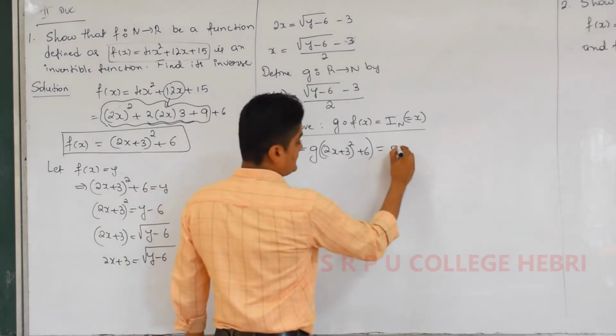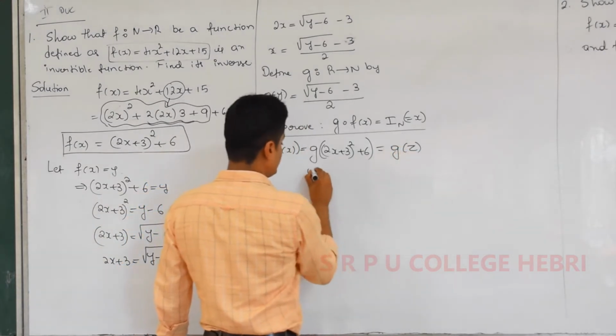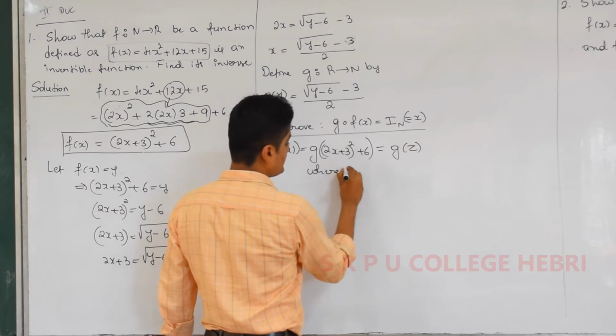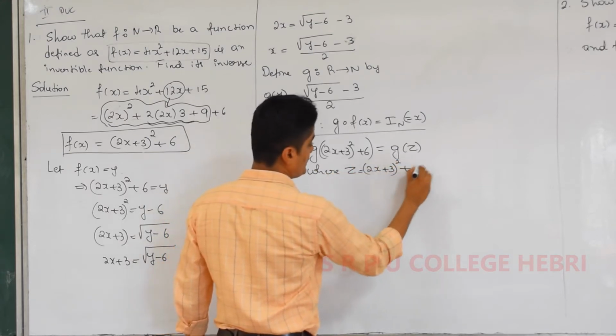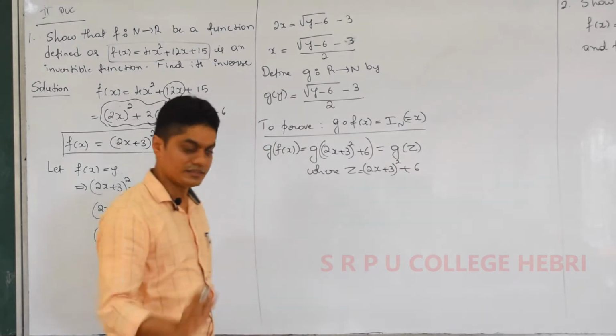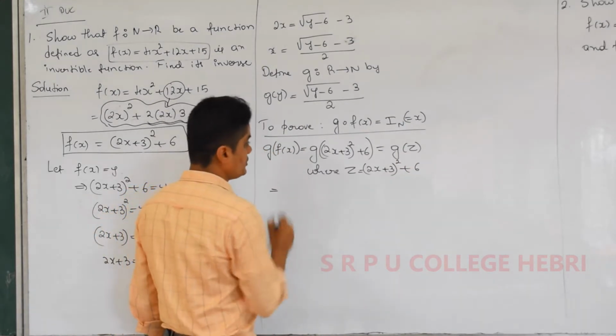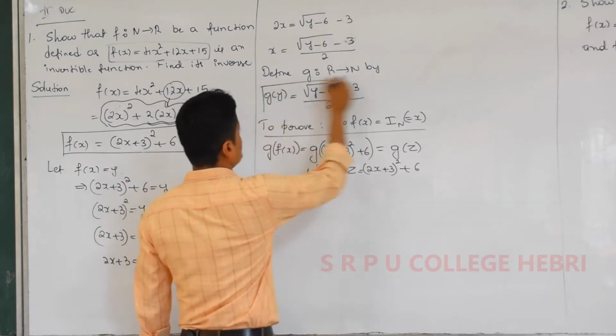Now take this as g of z, where z is equal to (2x plus 3) whole square plus 6. Now g of z, see, this is g of y for us.